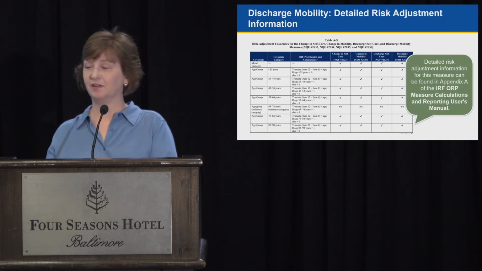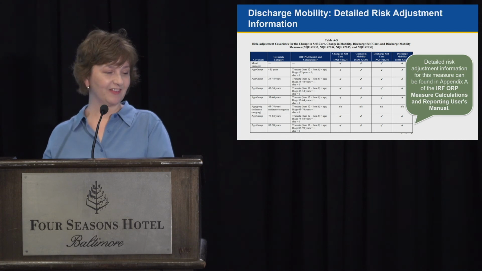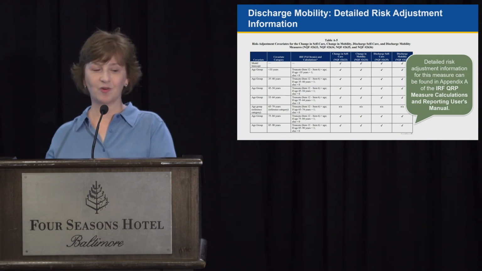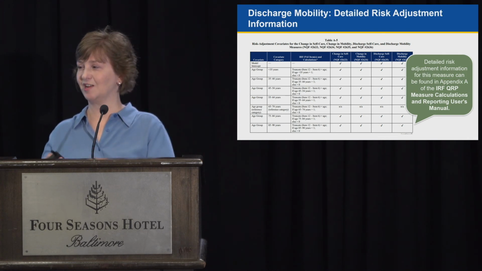The table at the back of the document that I was telling you about before, this is the very last column. You can see the check boxes, so the age categories are included in all 4 measures.